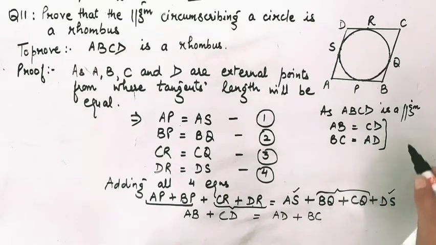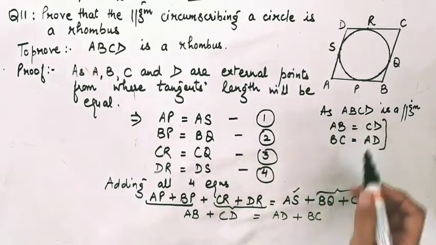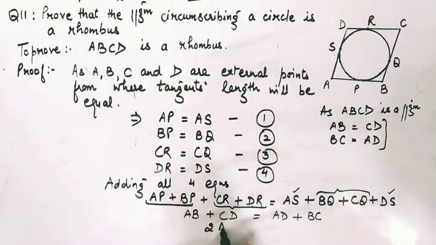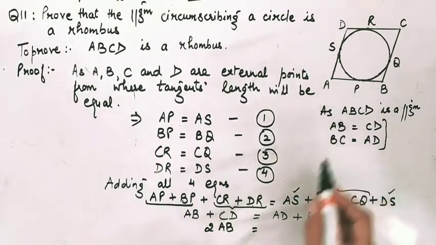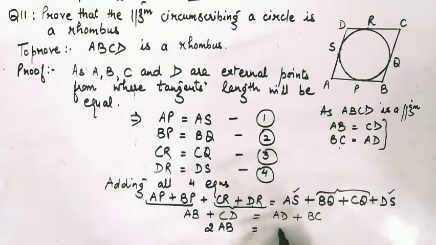Now this can be replaced in this result. AB plus CD, as both are equal, can I write twice of AB? AB plus AB or CD plus CD? I have chosen AB, so it's twice of AB. BC and AD are equal, so we can write twice of BC.